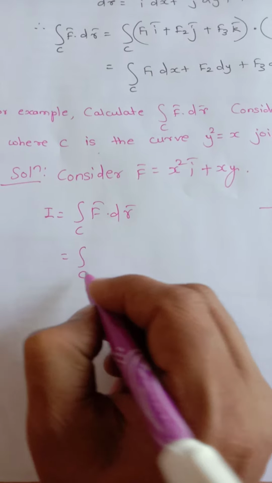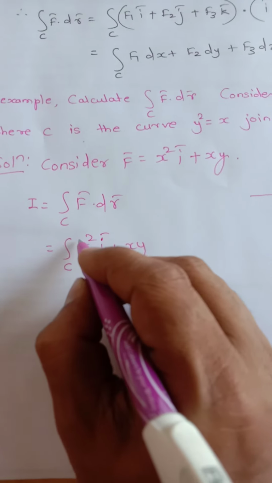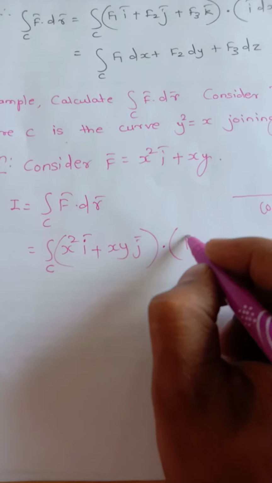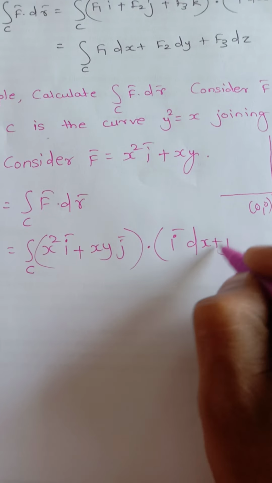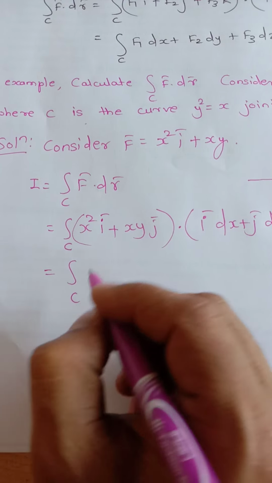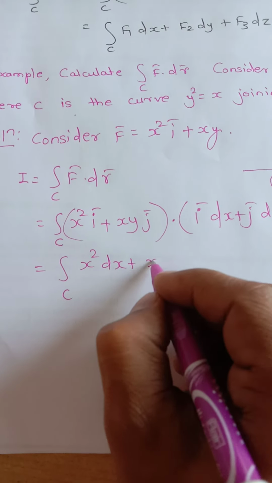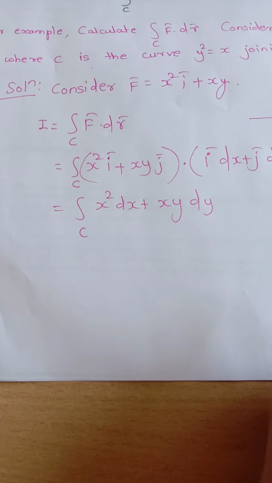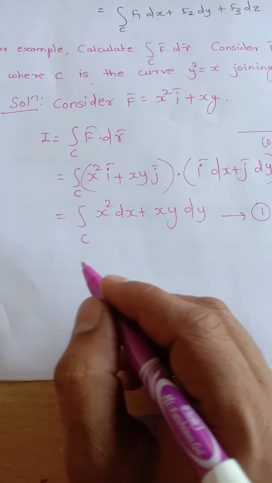So that is the integration over C of (x square i bar plus xy j bar) dot product with dr bar, that is i bar dx plus j bar dy. So take the dot product: integration over C of x square dx plus xy dy. Call this equation number 1.